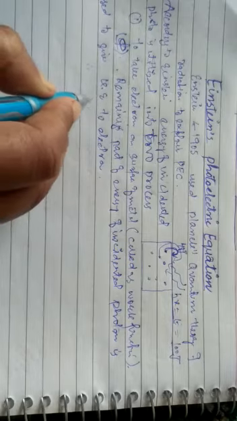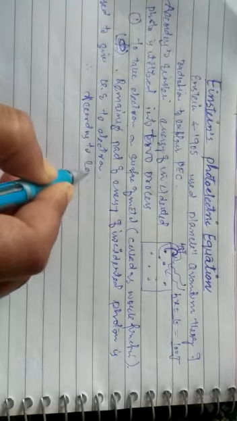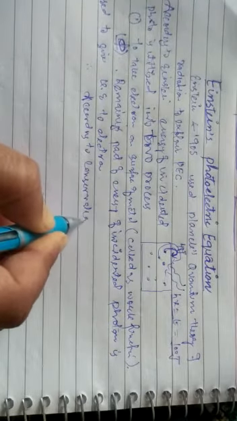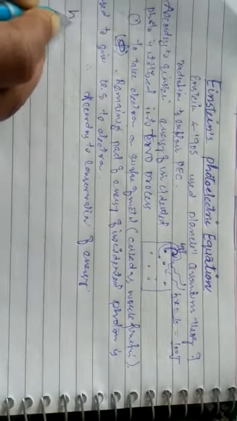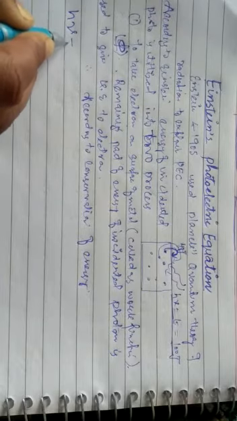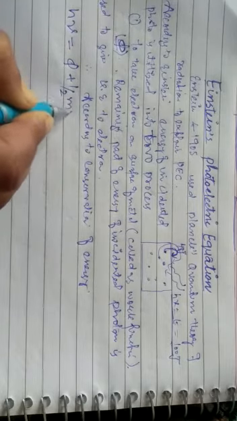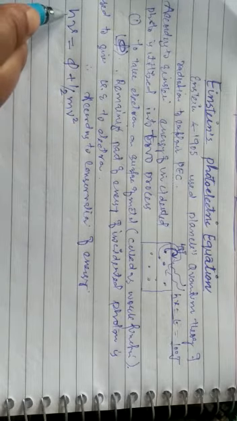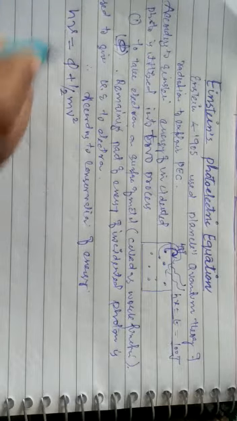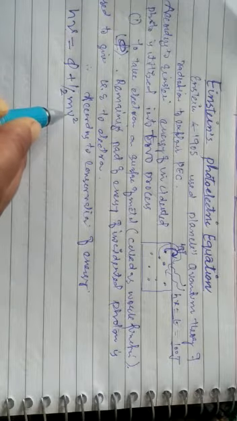So we can say h nu is equal to phi plus 1 by 2 m v square, where h is Planck's constant, nu is the frequency, phi is the work function, m is the mass of the electron, and v is the velocity of the electron. Call this equation 1.